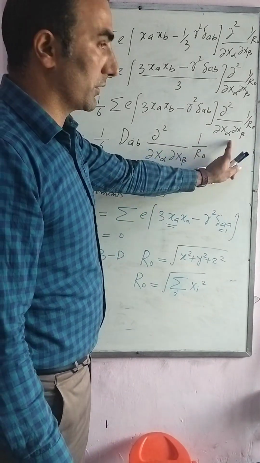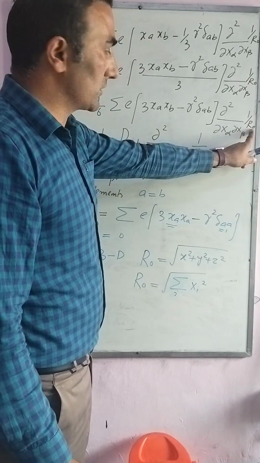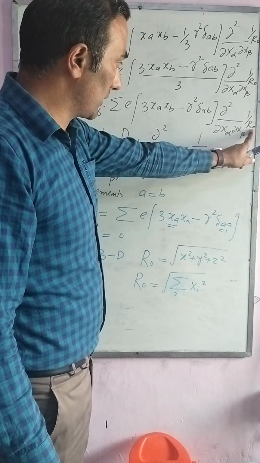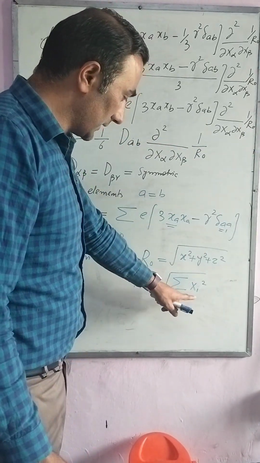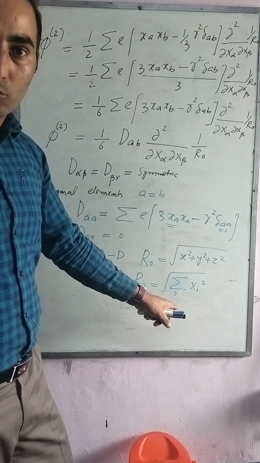So we need to evaluate this term, right? So that means at first here I need to write this R naught in terms of x, y, z, or you can write x I square because I takes values 1 to 3.